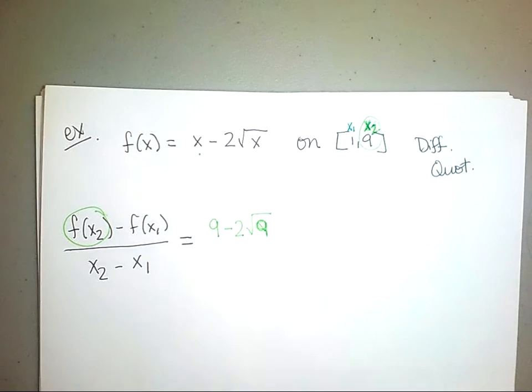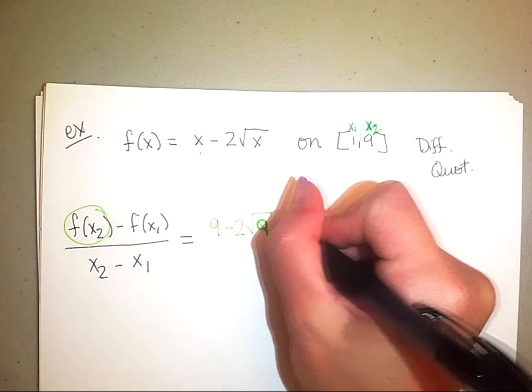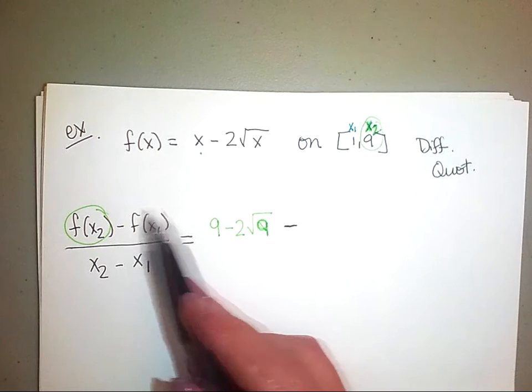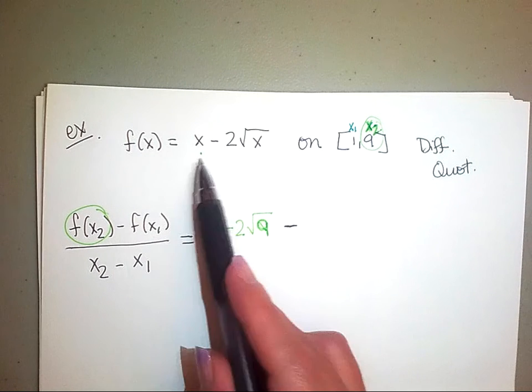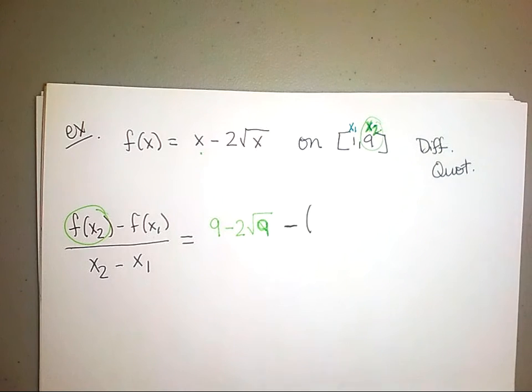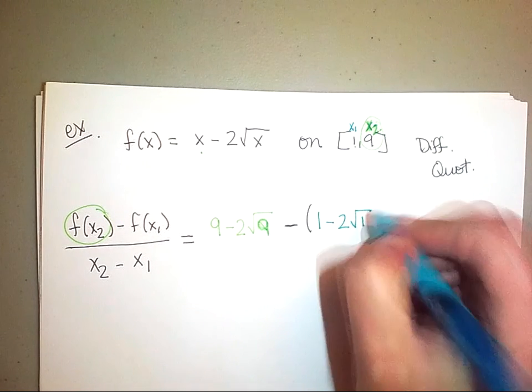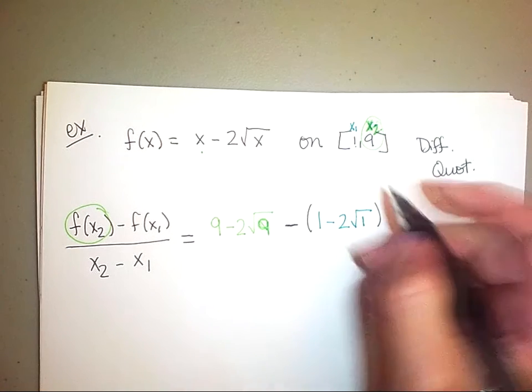Okay, well, what is f of x2? Well, x2 is 9, okay, so we're going to find that. So in the function, wherever we see an x, we put in 9. Okay, so this is f of x2.